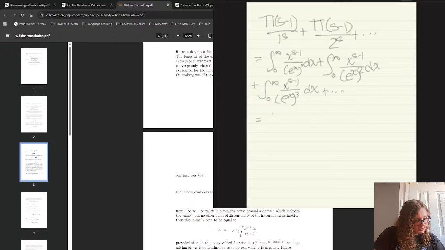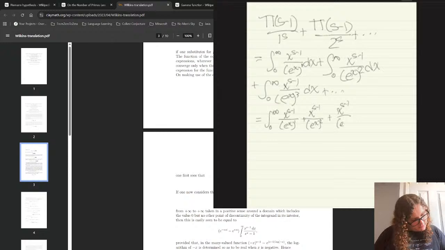So we get the integral from 0 to infinity of x to the s minus 1 over e to the x to the 1, plus x to the s minus 1 over e to the x squared, plus x to the s minus 1 over e to the x cubed, and so on.